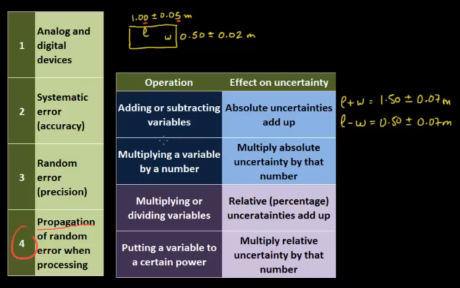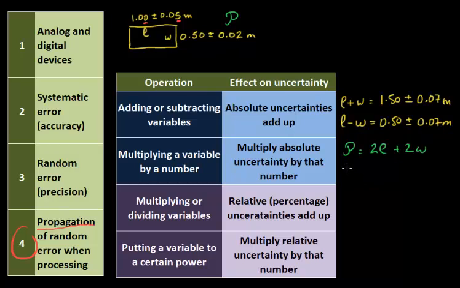What happens now if I multiply a variable by a number? So let's say that I want to find the perimeter of that rectangle now, and I know that the perimeter is equal to 2L plus 2W. So now how do I find the uncertainty on 2L? Well, intuitively, you'll probably think that it's 0.1 meter, and you're right. You just have to do twice the uncertainty because 2L is just the same thing as L plus L, right?